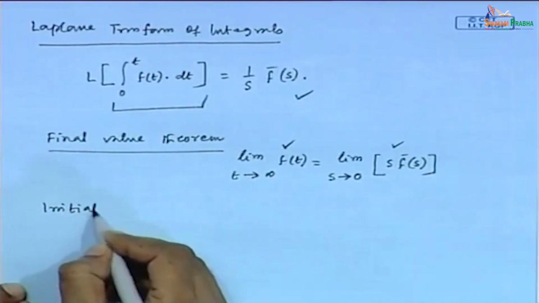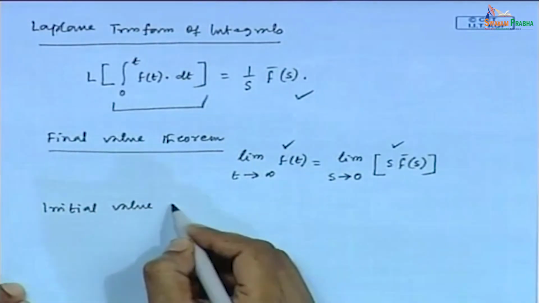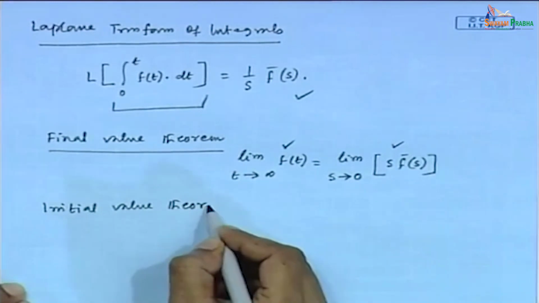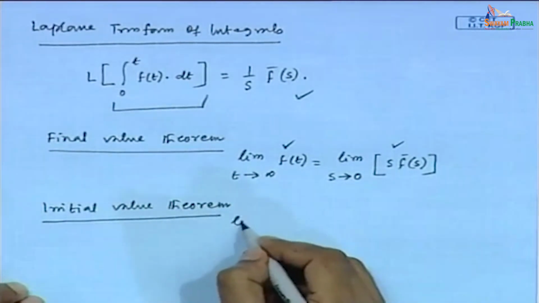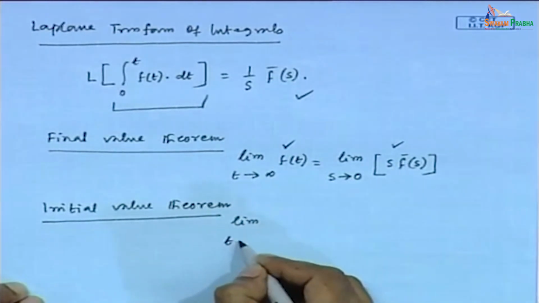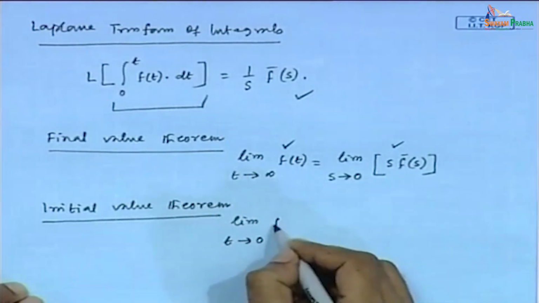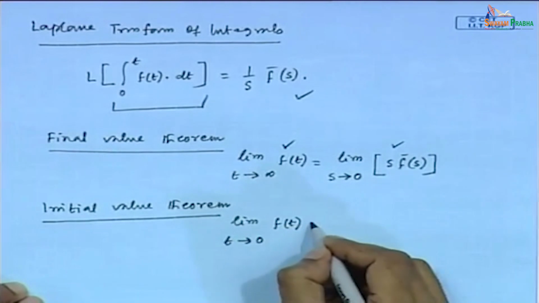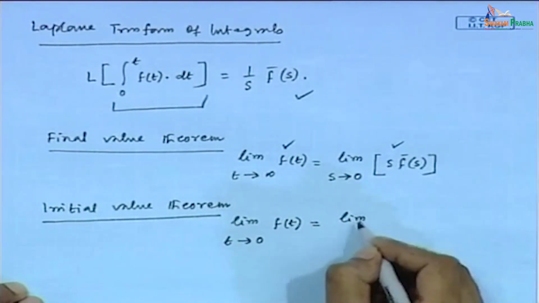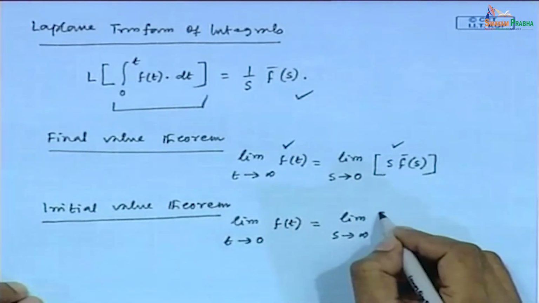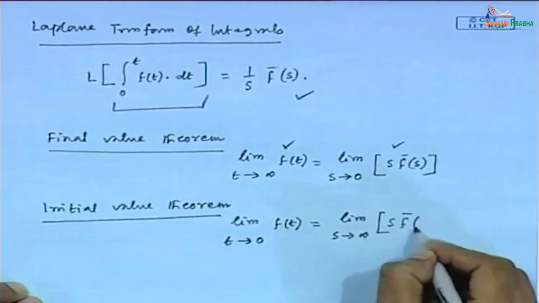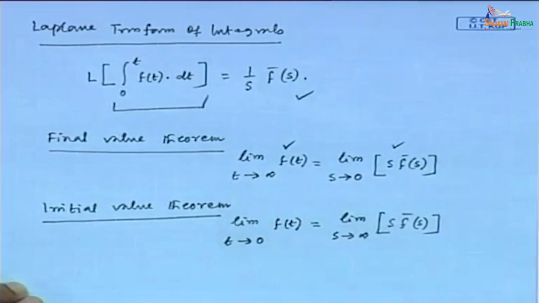Another one is initial value theorem. Initial value theorem is limit t tends to 0, f(t) equals to limit s tends to infinity s F bar(s).